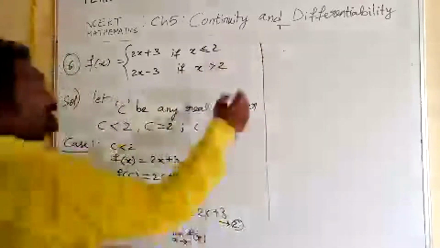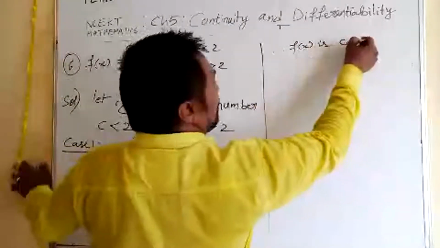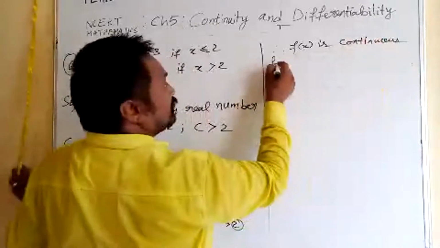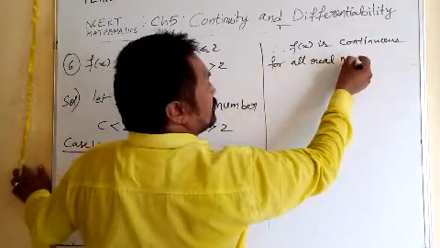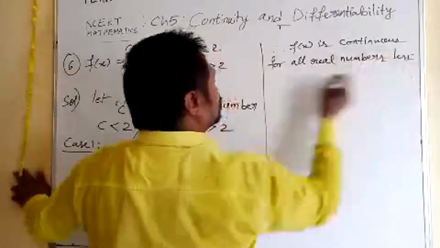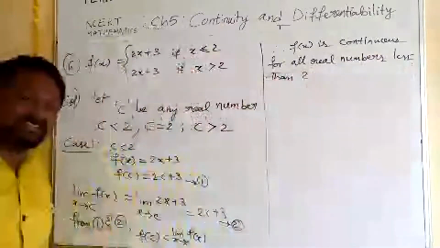Therefore, f of x is continuous for all real numbers less than 2. So now the first condition is finished.